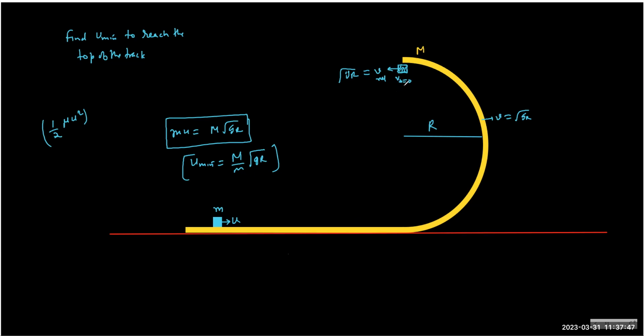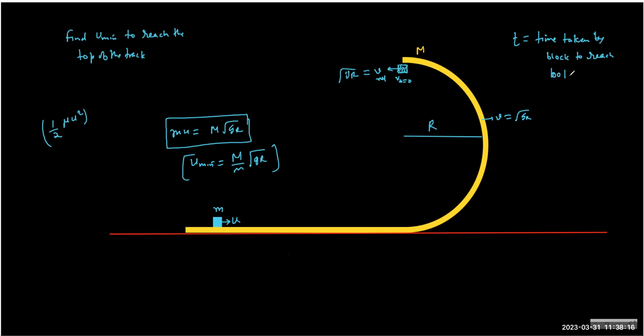How much time will the block take to reach the bottom? Time taken by the block to reach the bottom from the top will be 2 under root h by g.